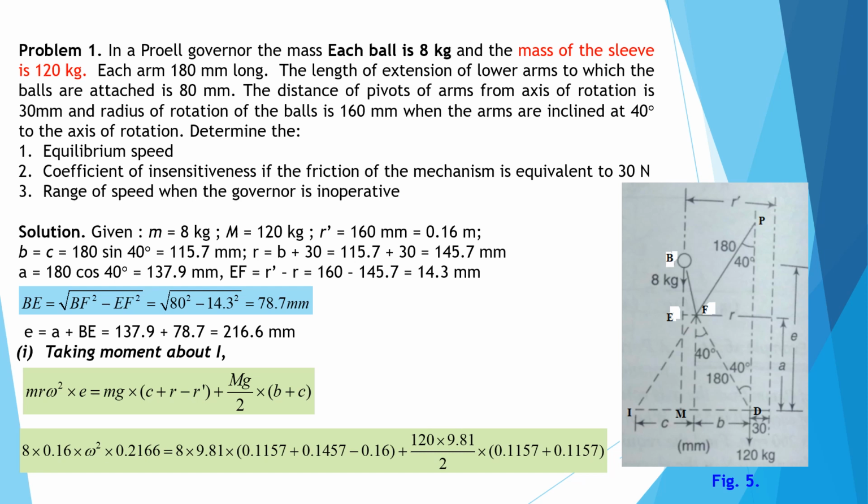So here the weight of the fly ball small m is 8 kg and capital M is 120 kg.